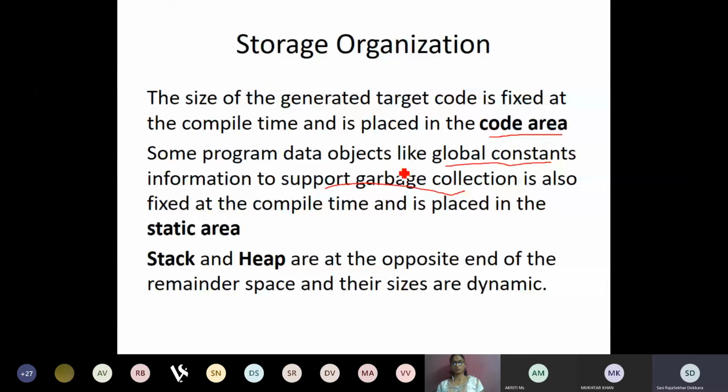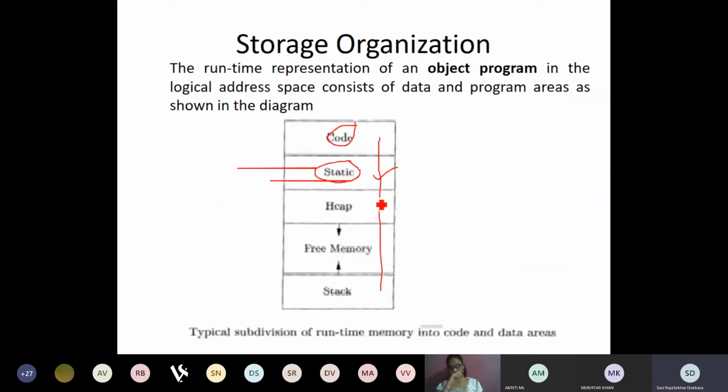Now coming to stack and heap. If you see the stack and heap, they are opposite to each other, and they both are dynamic. There is a lot of free space available in between the stack and heap. The stack grows in this direction, whereas the heap grows in this direction. Both of them can utilize the available free memory.